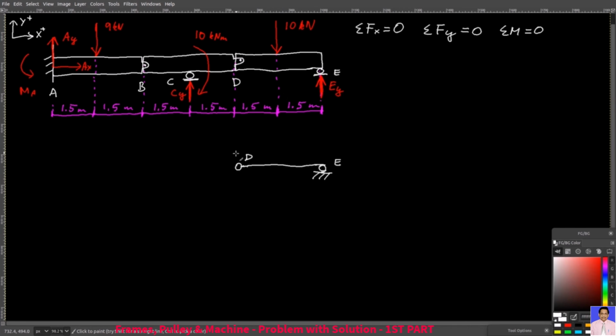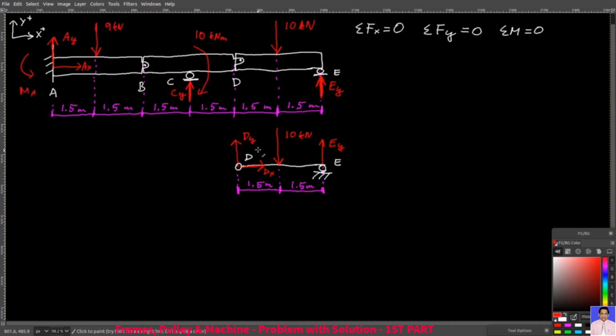Let's take the member DE and only draw a free body diagram for that member. You have a 10 kilonewton force down, then EY due to the roller support, and then DX and DY. This is a pin support, so rotation is allowed, but translation is restricted in all directions.